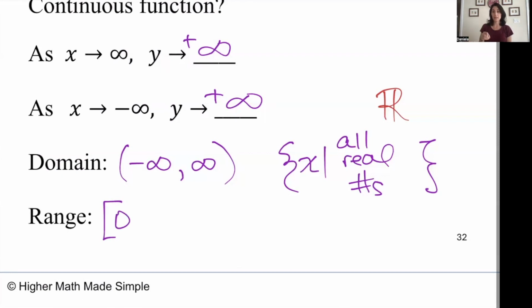That just means it exists at that point, there's a closed circle. A parenthesis means an open circle. And then it goes to positive infinity. By the way, you can never, ever have a bracket around the infinity symbol because that would mean it stops at a certain point, but there's no cap. It just keeps going on forever and ever.